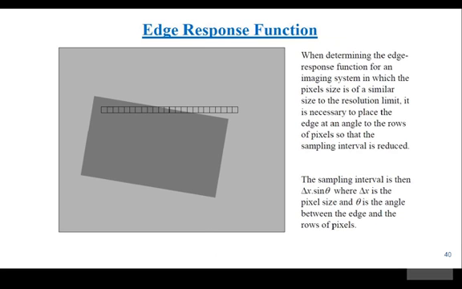These are just some practical things when we're measuring that edge response function. If the pixel size is of a similar size to the resolution limit, it makes sense to orient the edge we're trying to image so that it's not aligned with the pixels in our detector. That effectively gets us a better sampling interval, because the sampling interval is given by delta x sine theta.